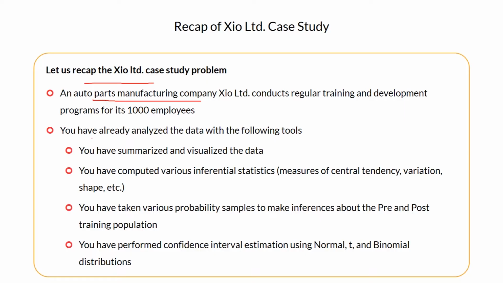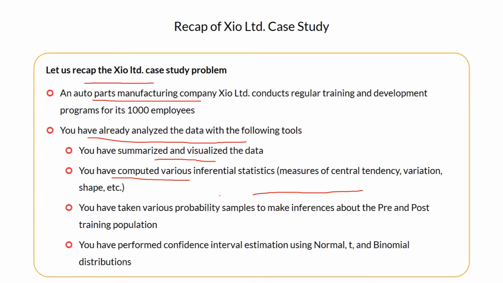You have already analyzed the data by summarizing and visualizing it. You have computed various inferential statistics. For example, these included measures of central tendency, for example, median, mode, and mean, measures of variability, for example, range, variance, standard deviation, and mean absolute deviation.